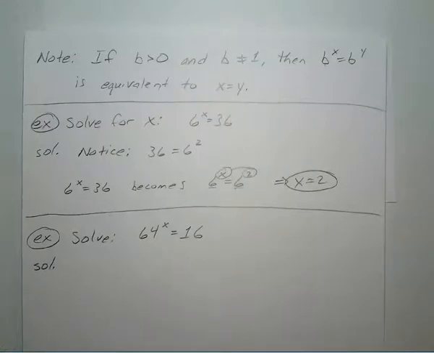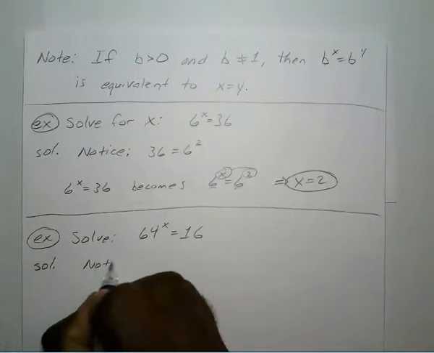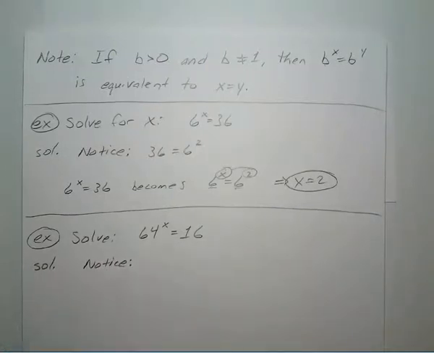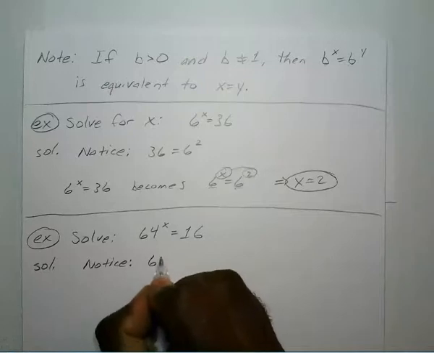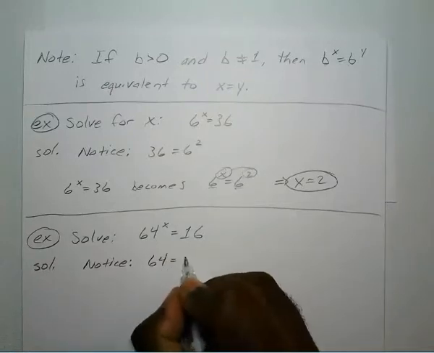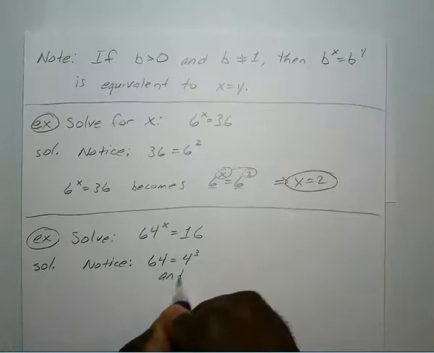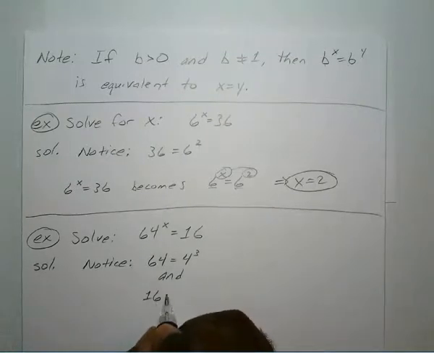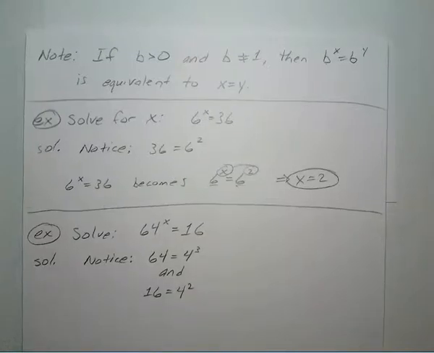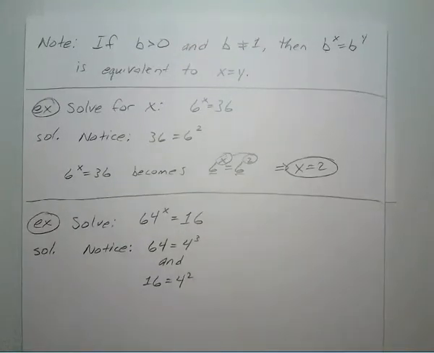There are two things you want to notice here. Your bases aren't the same. Number one, 64 is equal to 4 to the third power. 4 times 4 times 4 is 64. And the second thing is that 16 is equal to 4 to the second power, 4 squared.